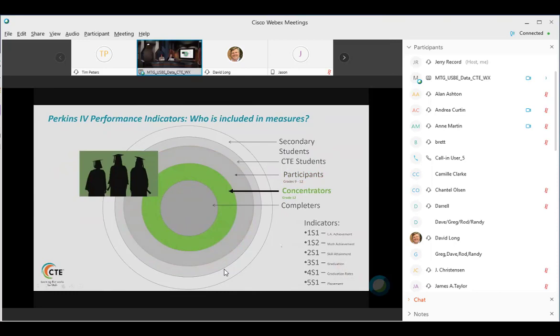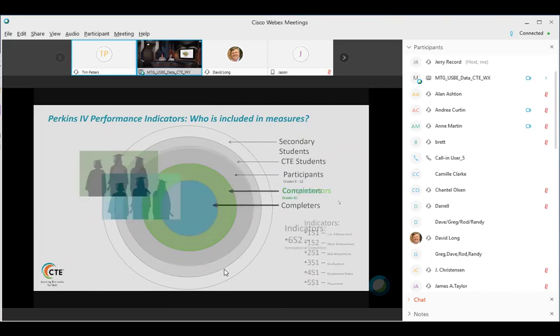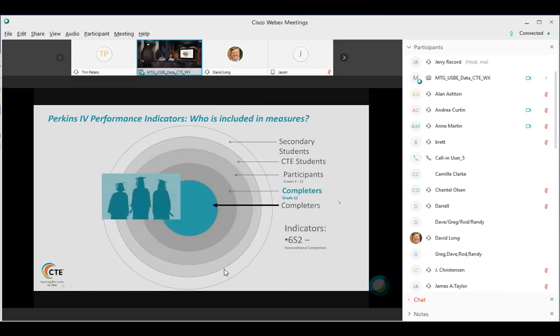Concentrators, we report them as seniors. They're a little bit smaller group. And the rest of the indicators, except for 6S2, which is non-traditional completion, use this measure. Completers, blue should be down one line, and that's a little bit smaller group.